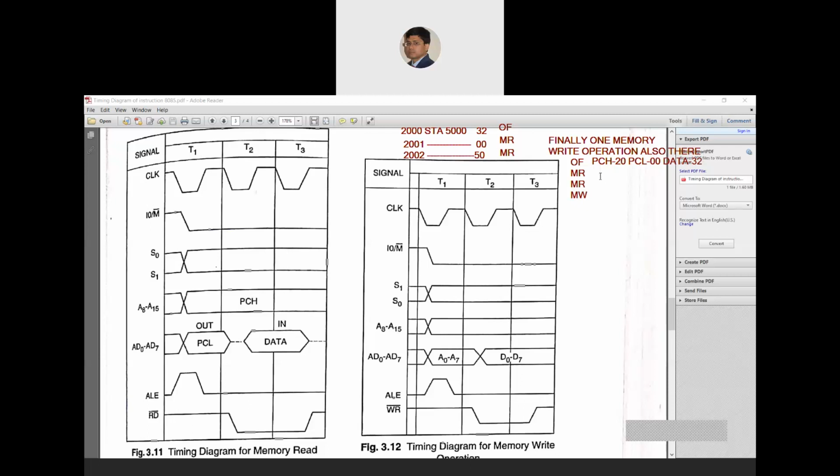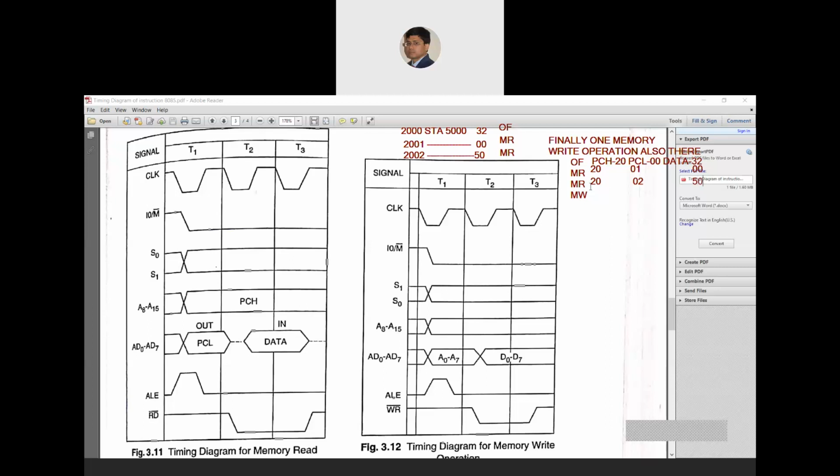Then when you are doing the memory read operation, again your PCH value is 20 and your PCL value will be 01, then your data will be 00. Then for the next memory read, PCH will be 20, your PCL will be 02, and your data will be 50.